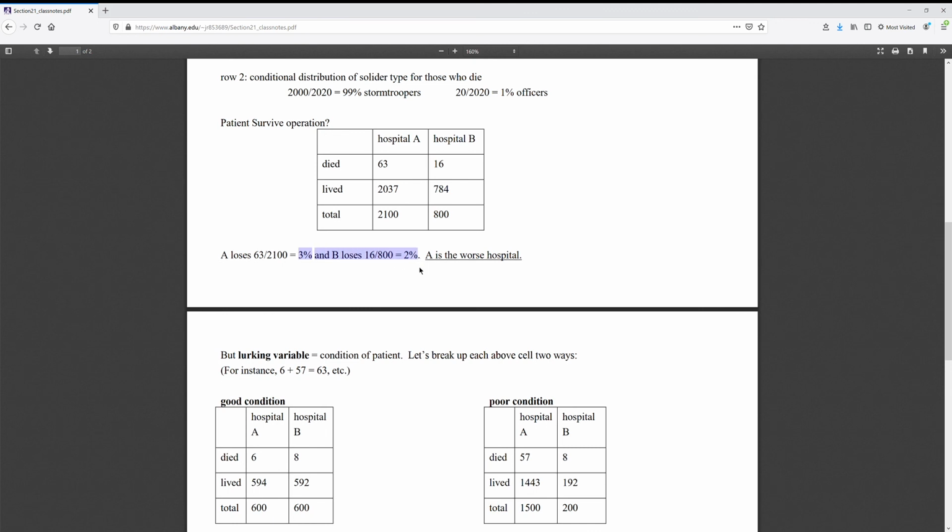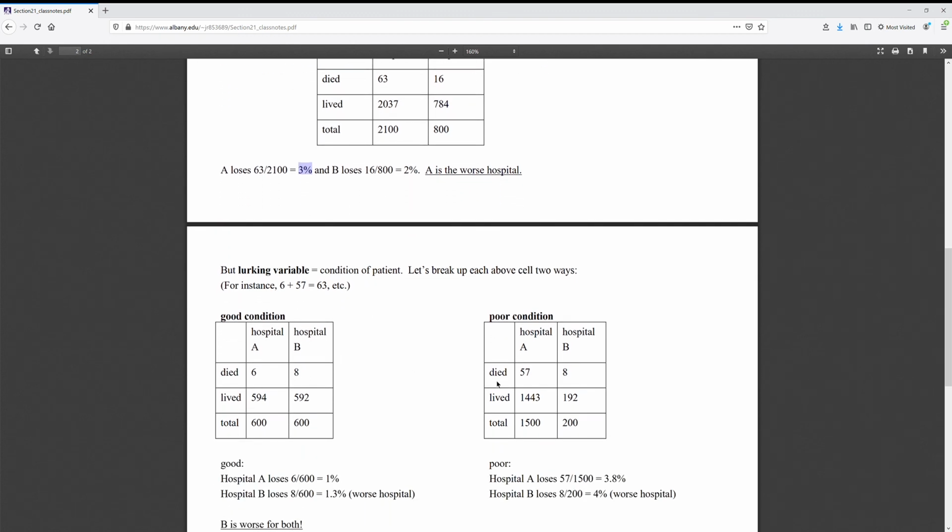It's that given the kind of surgery that hospital B is doing, the 2% could actually be pretty scandalous. And given the kind of surgery that hospital A is doing, the 3% could actually be very, very low. So you can't compare the numbers directly because of what you're not looking at, the condition of the patient.